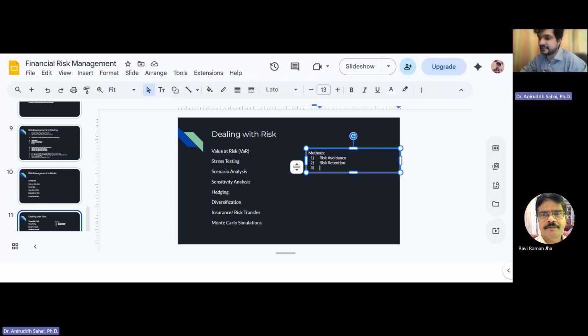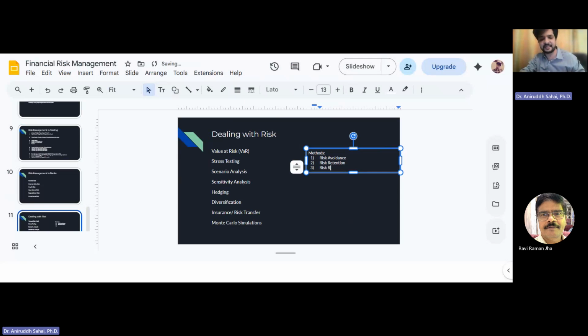Let's say that you believe that driving is required and there is no other way that you can commute to college or to your office. You will have to drive, so you will be prepared for certain damages and maybe maintain a small contingency fund in case there is some damage to your vehicle. You will be having a corpus of around, let's say, 20, 30, 40,000 extra, which will be useful to meet any contingency. So building an emergency reserve or building a contingency fund is an example of risk retention.